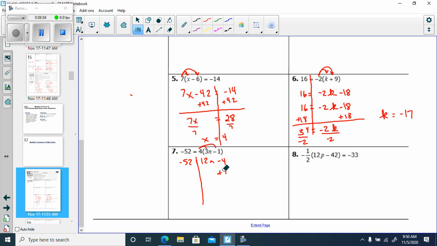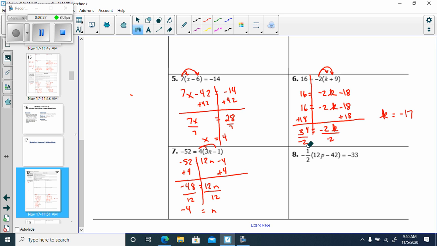I'm going to add 4 to each side. Negative 48 equals 12 times n. Divide both sides by 12. N is negative 4.